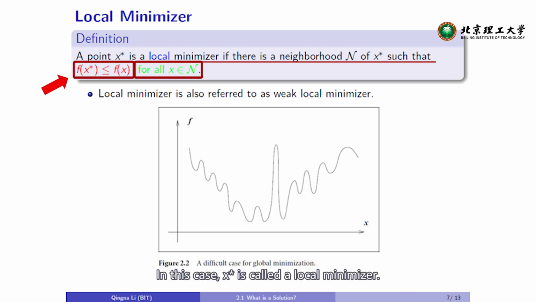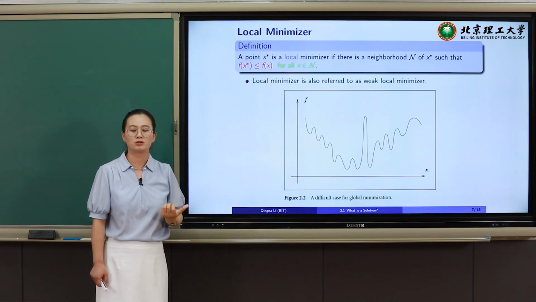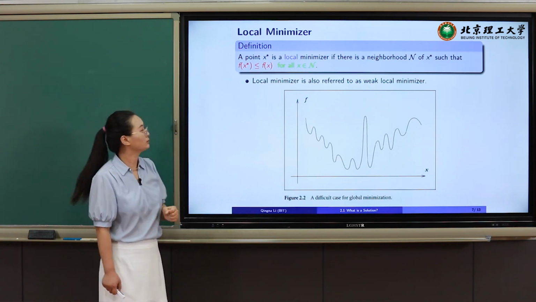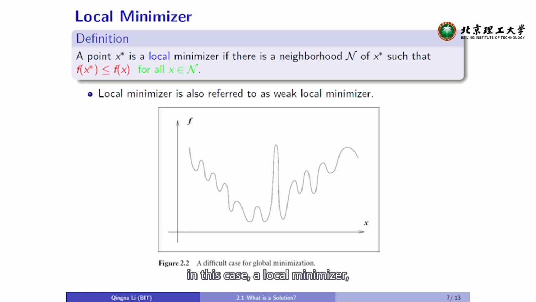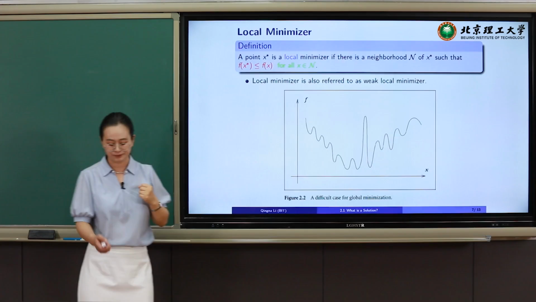In this case, x star is called a local minimizer. So whenever we refer to a local minimizer, we have a neighborhood corresponding to this x star. Notice that in this case, the local minimizer, we also refer to it as a weak local minimizer, right?